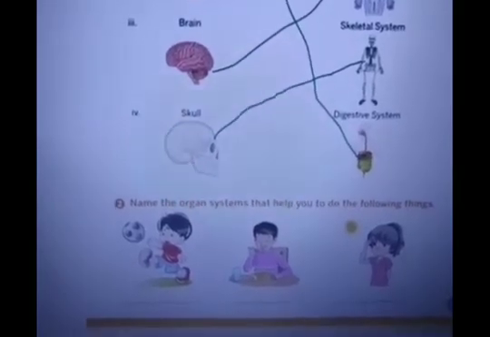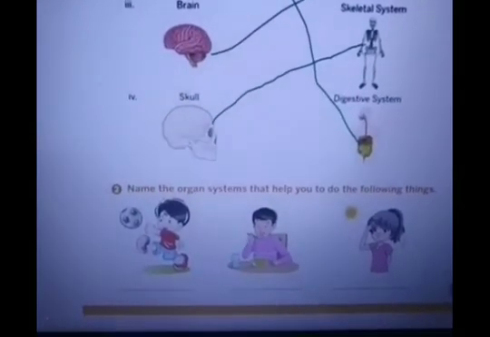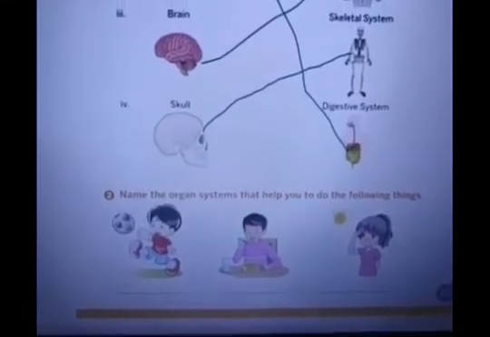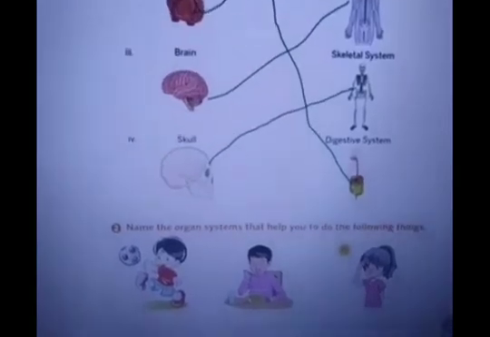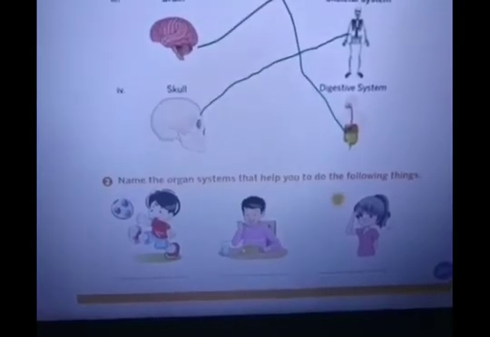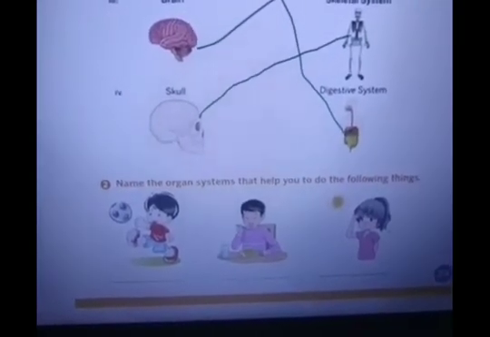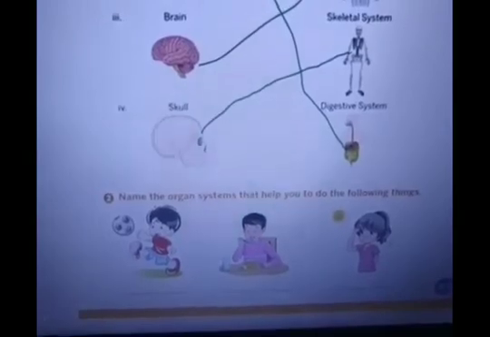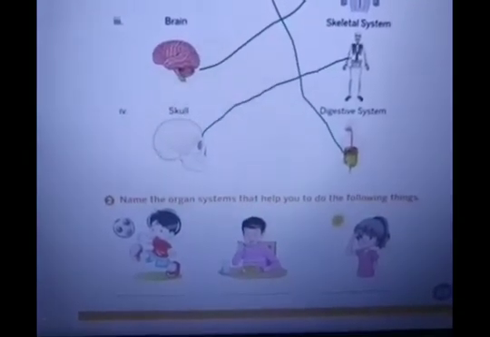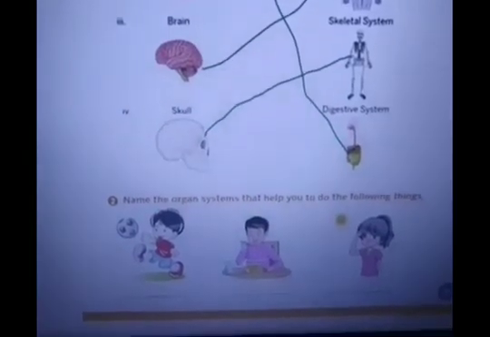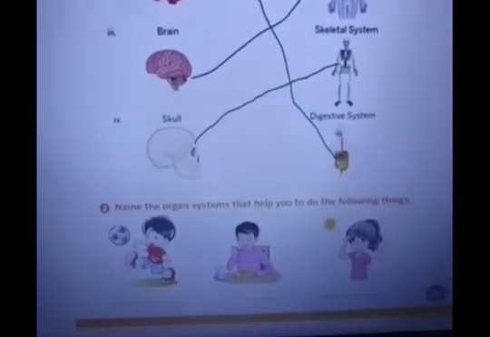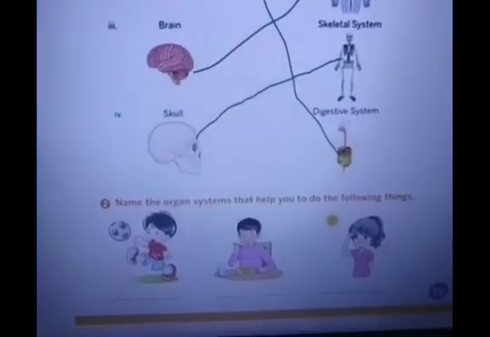And another system, which system? Nervous system, which actually tells the girl that it is so hot. Okay, the brain is giving a message to our nerves. So the nervous system as well as our excretory system work together in this.